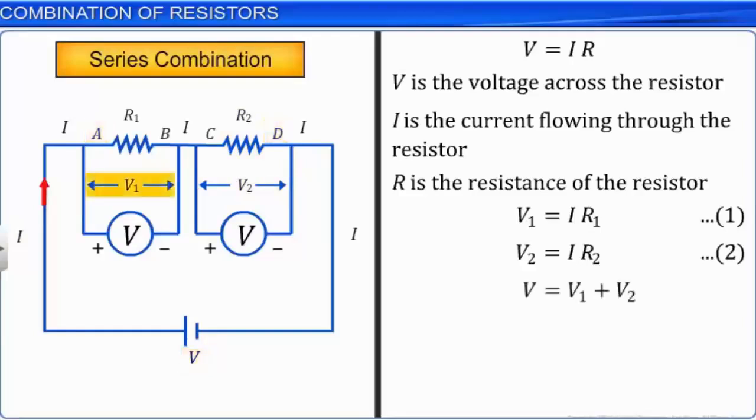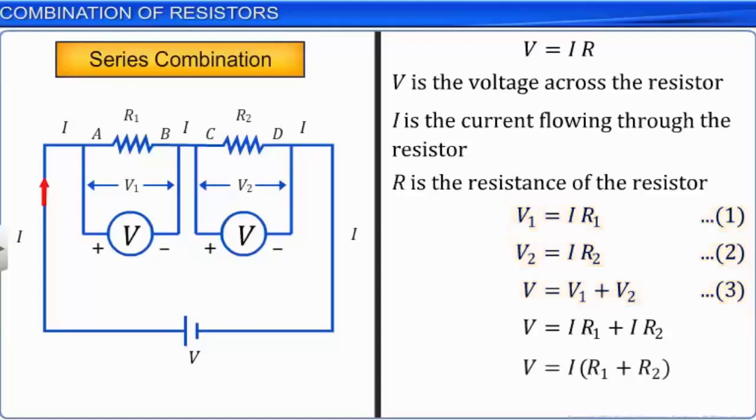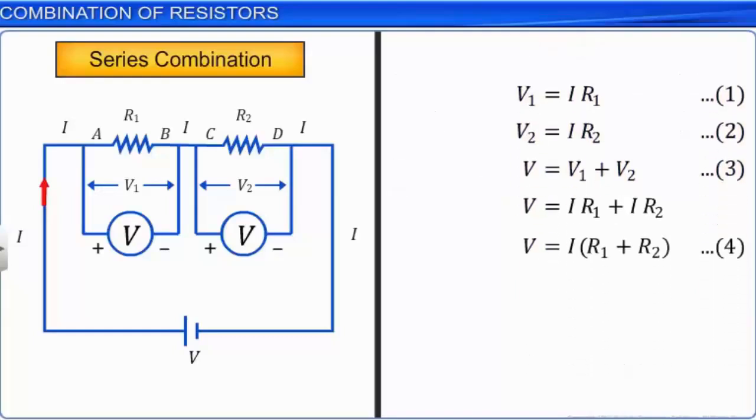Substituting equations 1 and 2 in 3, we get V is equal to IR1 plus IR2. V is equal to I into R1 plus R2. Let this be equation 4. Equation 4 can be written in the form V is equal to I into R equivalent. Let this be equation 5.